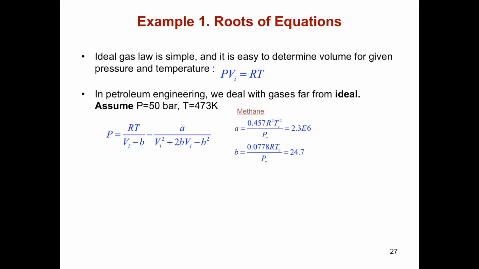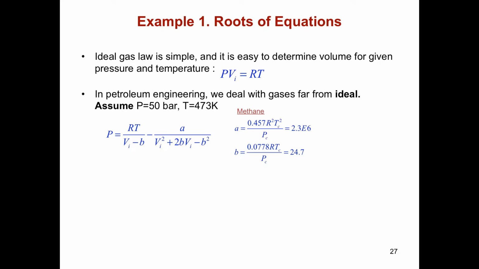Do I know? Is it easy to find? If I'm wondering which volume satisfies this equation, pressure is given, R is given, T is given, B is given, A is given. All I need to find is V. So I need to figure out what the volume is down the hole. I know what the volume is, for instance, at the surface.